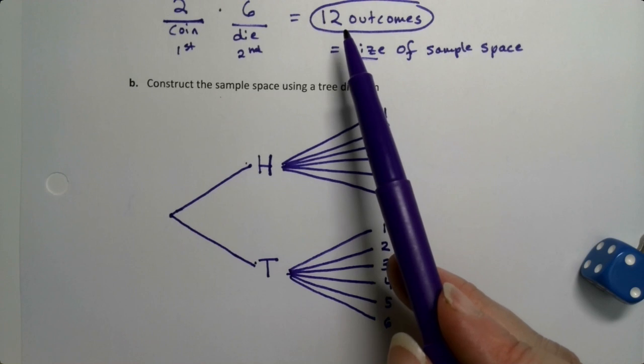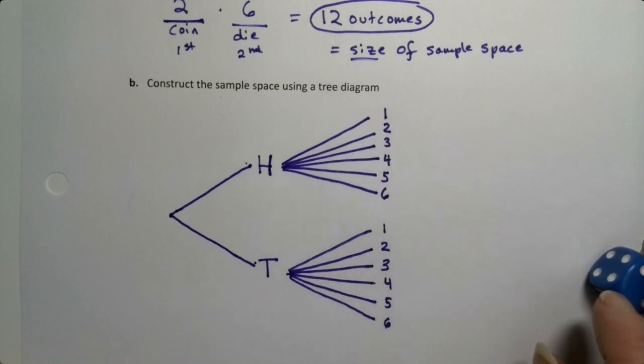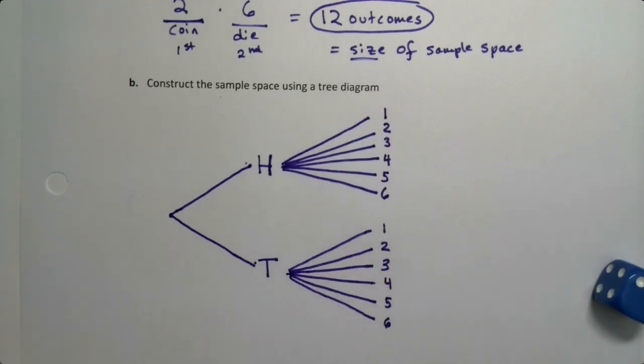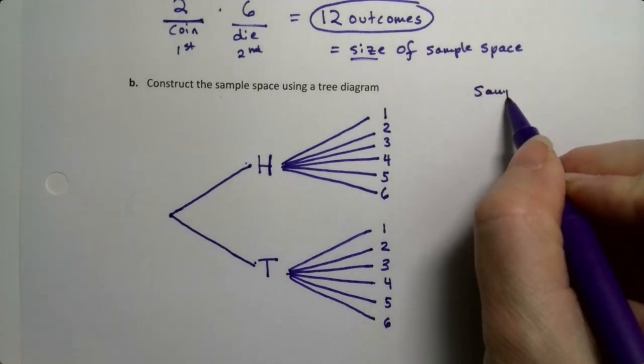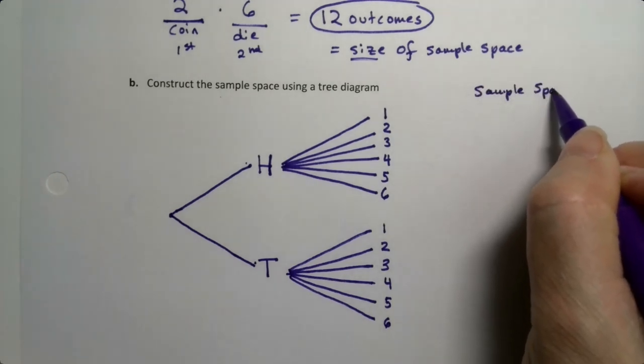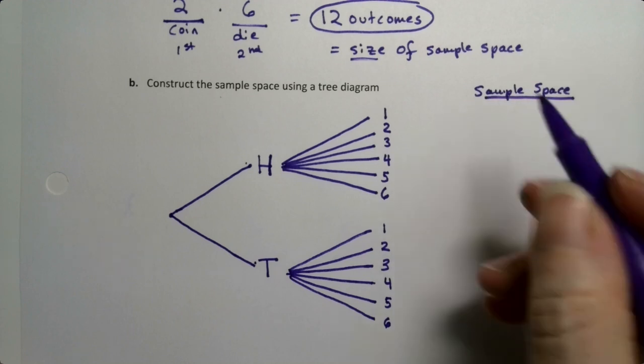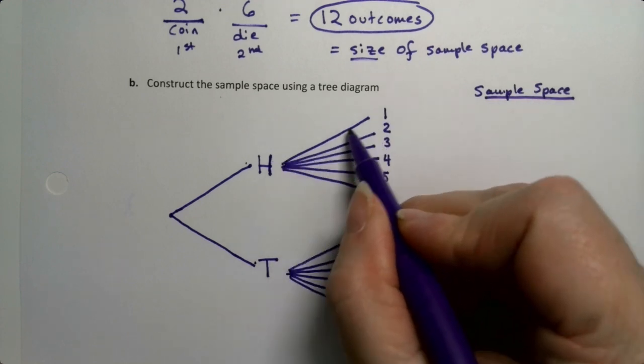But of course we're not done because the sample space has to be listed. So I'm going to list it right now. So sample space is listed over here, because a tree diagram is not complete until you have each one of these going somewhere.